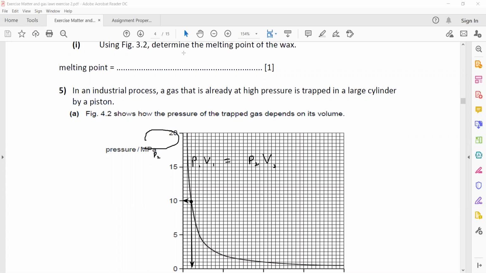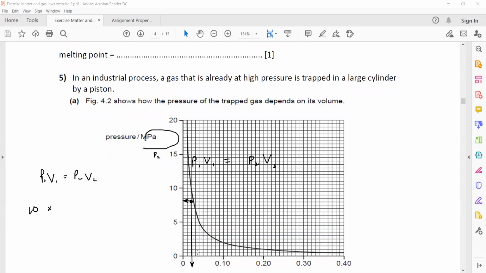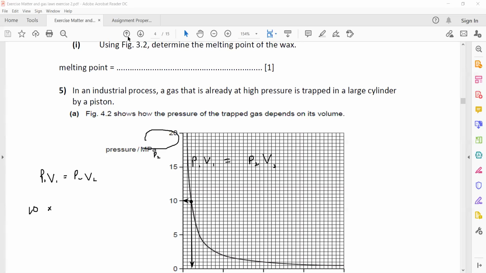So pressure P1 is equal to 10 megapascal. What is V1? When you check the scale, there are 10 boxes, each box is about 0.01, so this will be 0.02. P2 we don't know.